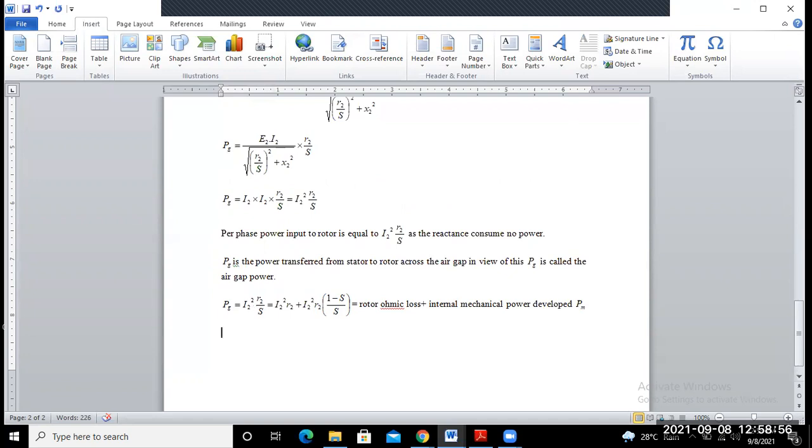This equation can be simplified such as this one is SPG plus 1 minus S into PG.